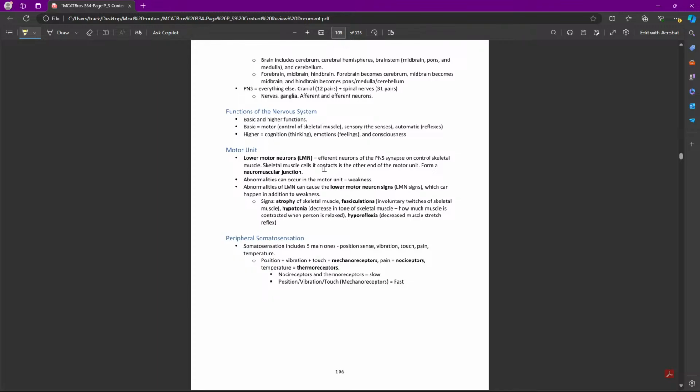Some abnormalities can be weakness or problems controlling muscle contraction. Some signs of lower motor neuron abnormalities are atrophy of skeletal muscle, fasciculations or involuntary twitches, hypotonia, a decrease in tone of skeletal muscle, or hyporeflexia, decreased muscle reflex.